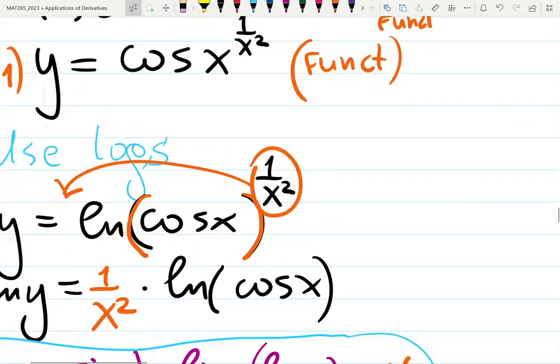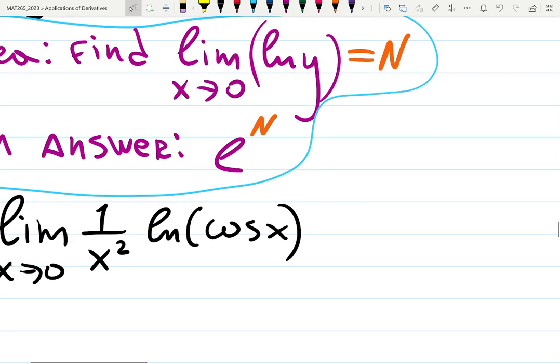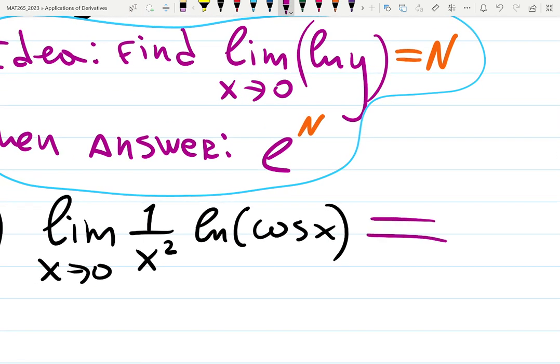I don't know what case this is. At 0, I have infinity multiplied by log of cosine. Cosine at 0 is 1. ln of 1 is, e to what gave you 1?